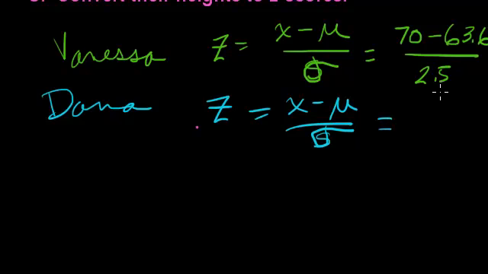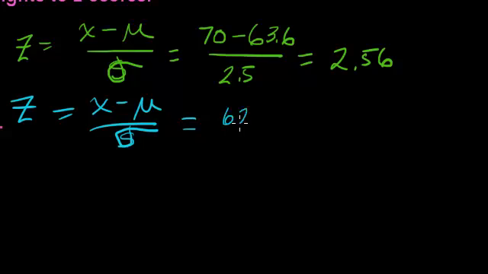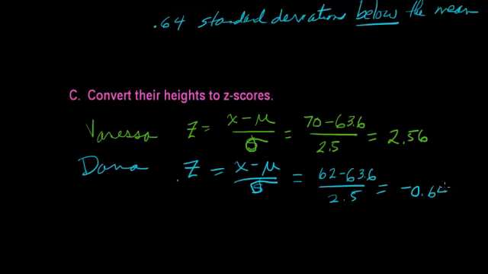And Dana's height was 62 minus the mean divided by the standard deviation, and this is where we get that negative 0.64. So the z-score tells us how many standard deviations away from the mean. If we get a positive number, we're above the mean. If we get a negative number, we're below the mean.